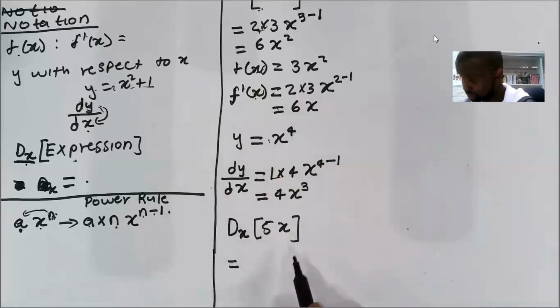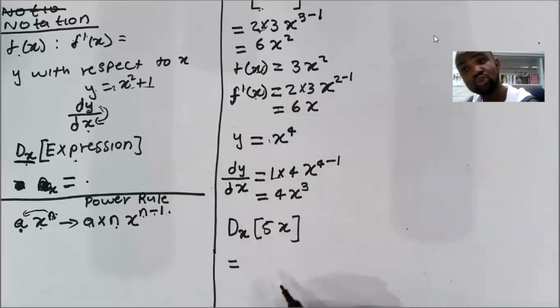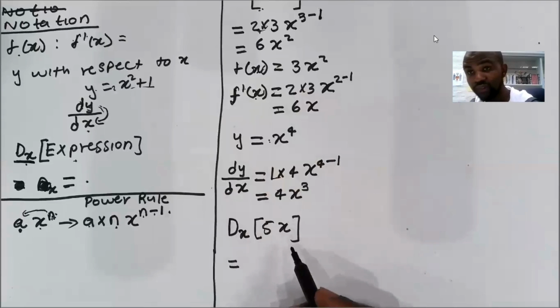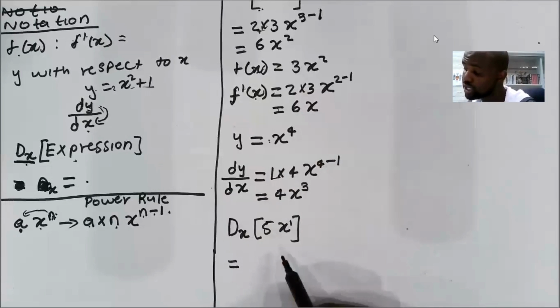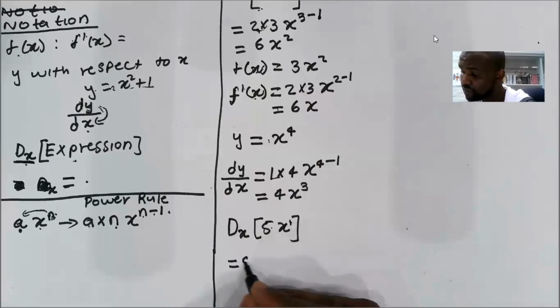So if we're deriving this, now remember, there is an exponent here. There is no number there, but there is an exponent, which is 1. We don't assume 0, it's not the same. If there is no number, there is 1 there. So we do have 1 here. So we're taking this 1, we are timesing by this 5. So it's going to be 5 times 1. And then x.